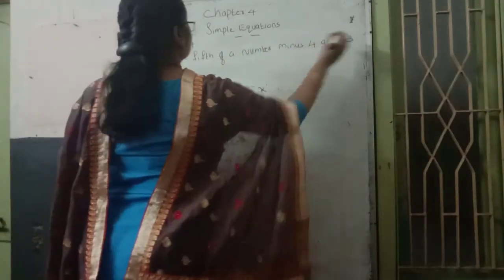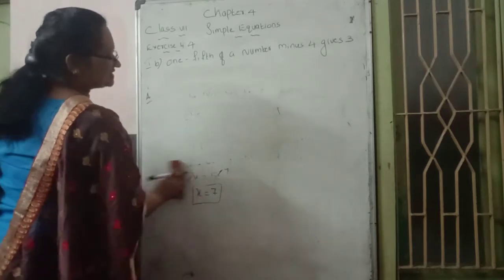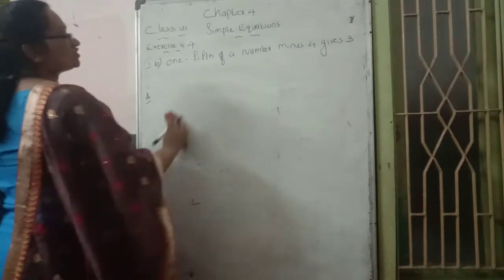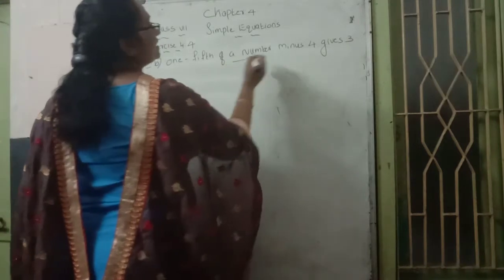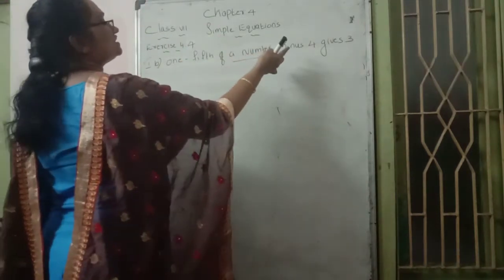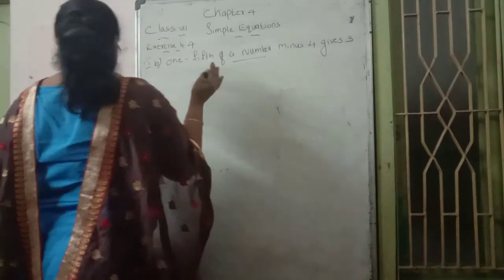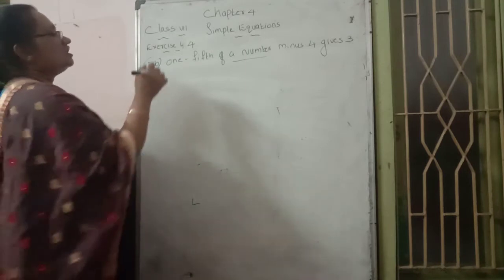In this way they given 1/5 of a number. Here also, that same way, a number is there. So we don't know which number that is. A number is minus with which number? 4. That time it gives us what answer? 3 is the answer.